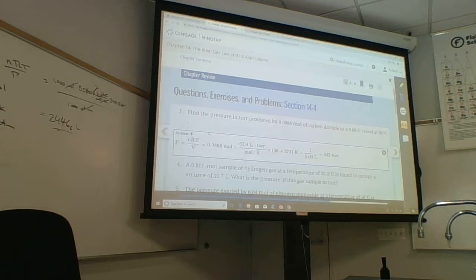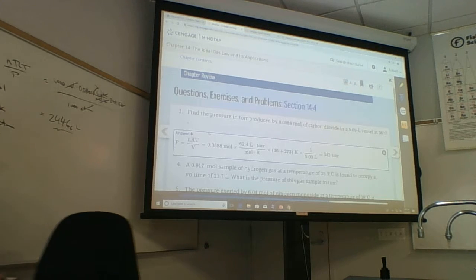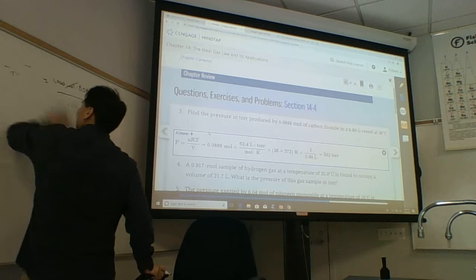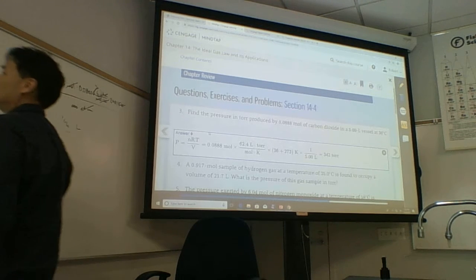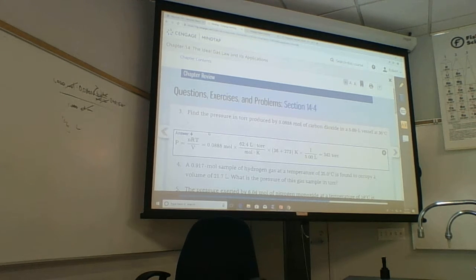And then we're solving for P. The easiest thing is just to solve for P in the standard units. What are the standard units of P? Atmospheres. So P is equal to nRT over V.